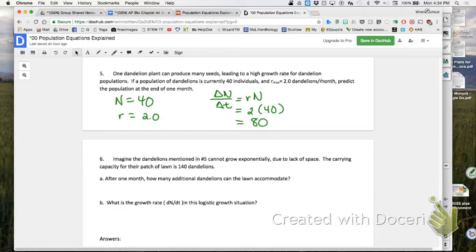Okay, so after 1 month though, the change in population over time is 80. Well, that's the change. How many dandelions did we have to start out with? We had 40 to start out with. So 80 plus 40 is going to equal 120 dandelions.